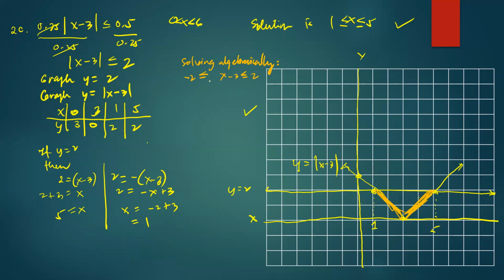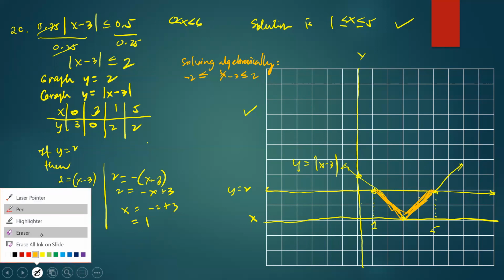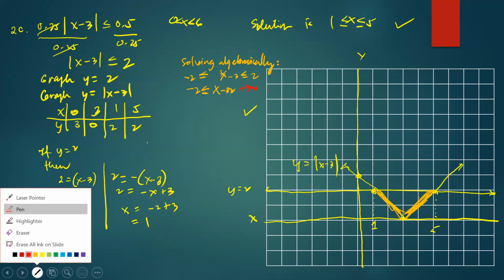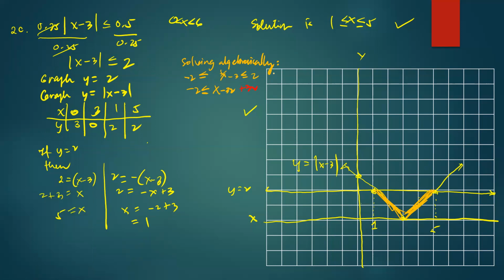So to solve for x, we need to remove minus 3, right?